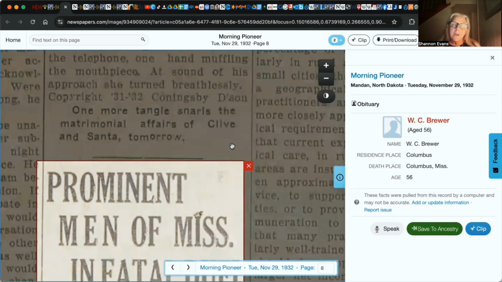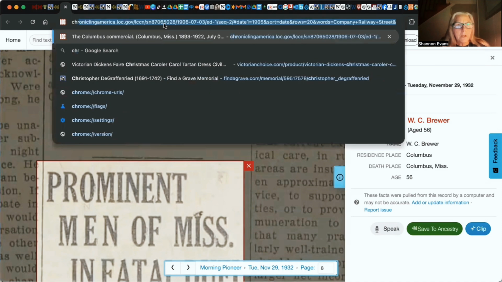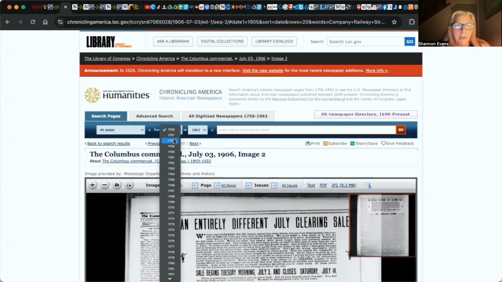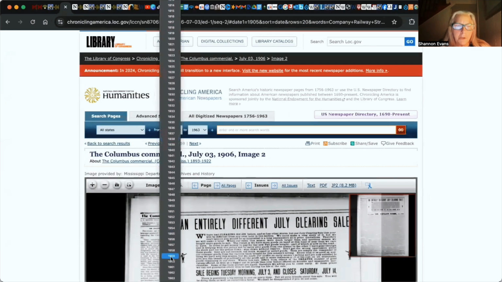Now, I can go and find out more through newspapers.com or through Chronicling America. So let's pull up Chronicling America. I'm gonna pull this up. In Chronicling America, as you can see, I can pull up all states. I can put a date in here. So I'm gonna put 19, the year of this was 1932.